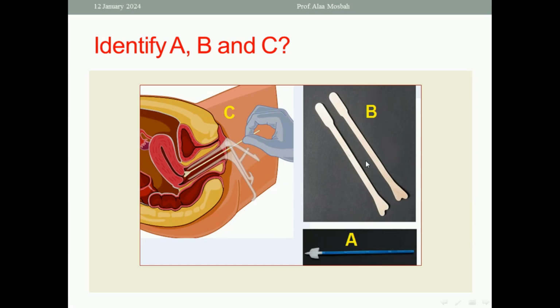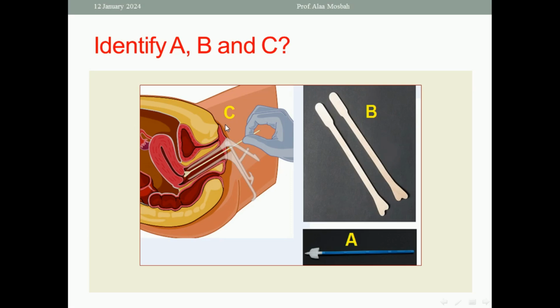B is Ayre's spatula, also used for a cervical smear for screening for cervical carcinoma. So A is the cytobrush, B is Ayre's spatula.